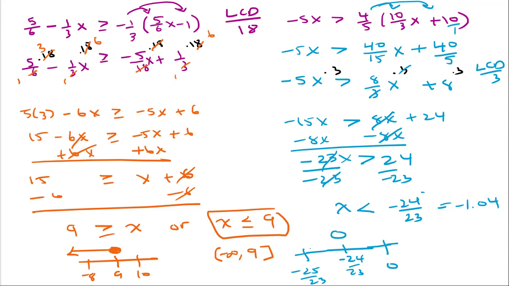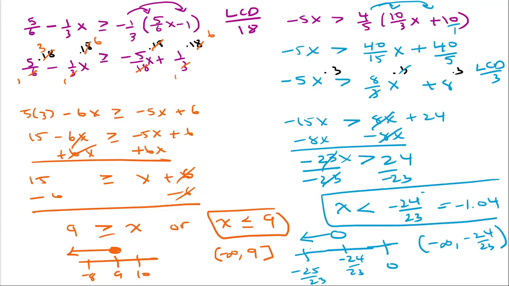So we have an open circle and we're going to the left because it says any number less than that. And then for our interval notation, that's going to be negative infinity and negative 24 over 23, parenthesis, parenthesis. So there's an answer there.